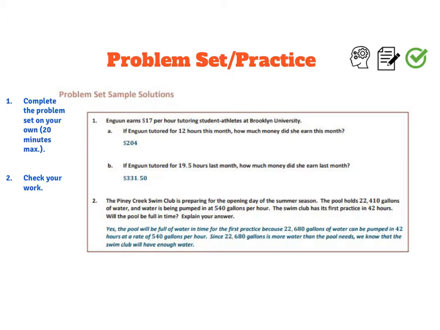So let's see, Nguyen earns $17 per hour. So I'm going to write 17, and it says dollars, and then we're looking at the per.